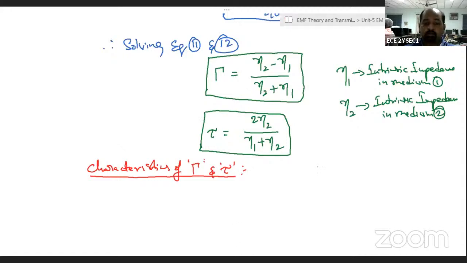Right? So welcome back. So coming to the characteristics of reflection coefficient and transmission coefficient.